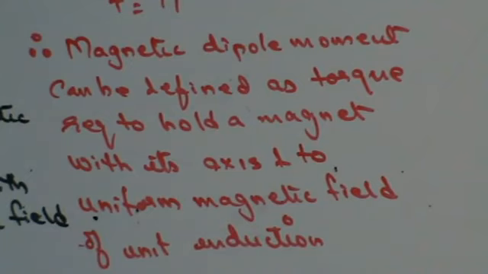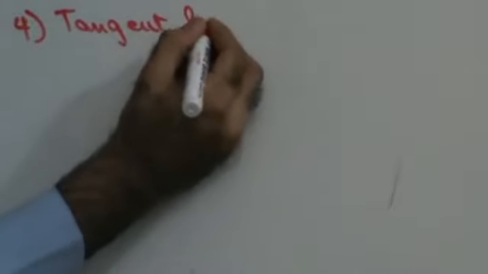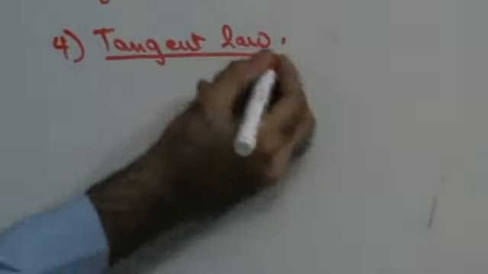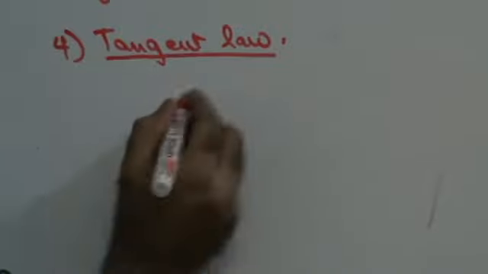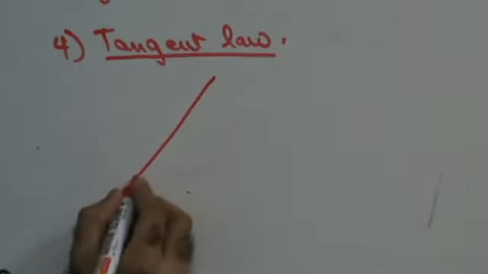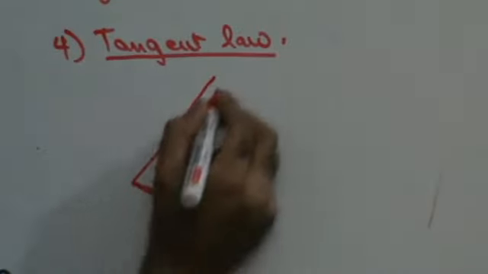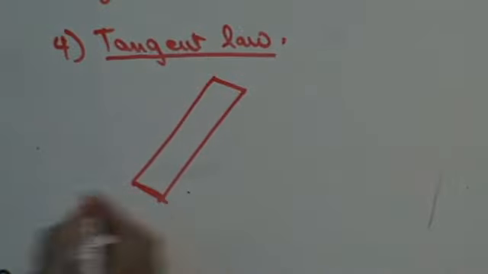Right? Next, let's see another law now. Let's see the tangent law. Now, instead of placing the magnet in one magnetic field, if I place the magnet in two external magnetic fields, for example, let us consider that this is my magnet, right?